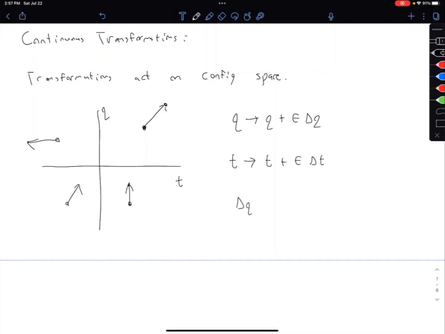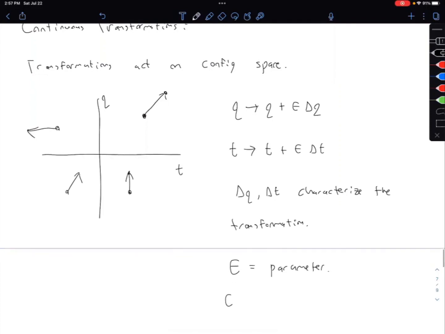Delta Q and delta T characterize the transformation that you're doing. Epsilon is a parameter. In particular, when epsilon equals 0, that's the identity transformation. That's when you don't do anything.